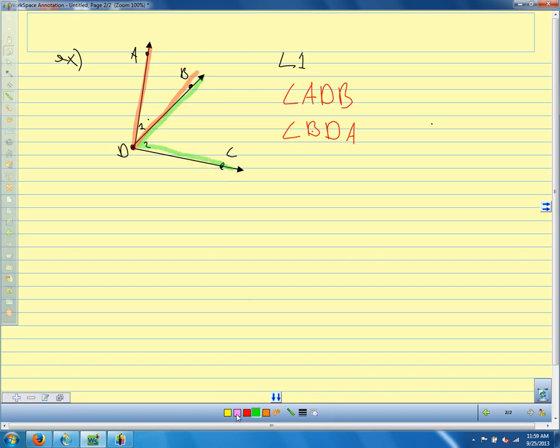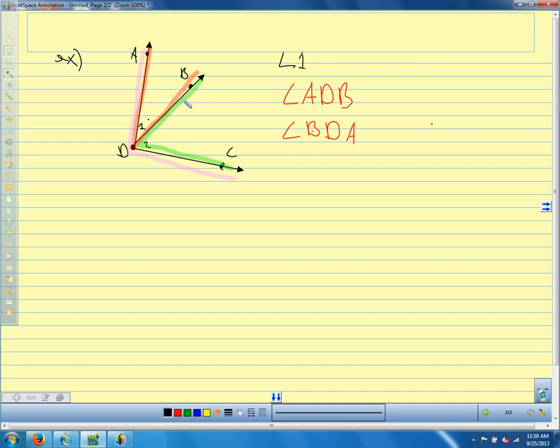Are there any more? Yeah. ADC, very nice. Angle ADC, this big one. So we actually have 3 angles there. That's why we can't use just angle D to name our angle, because we have 3 of them there. So all of these would work.